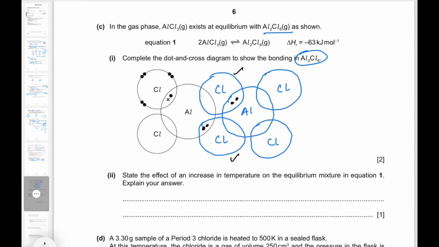All of the remaining bonds that form between aluminium and chlorine would be normal covalent bonds, meaning 1 electron from chlorine and 1 electron from aluminium.